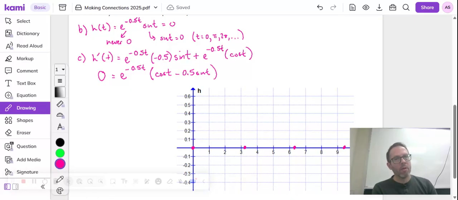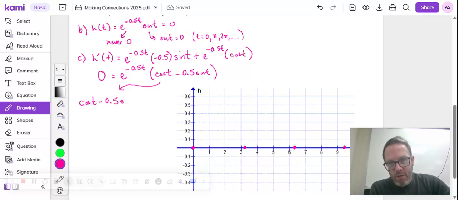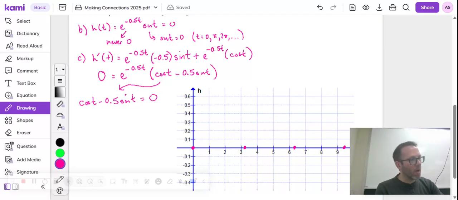Never, ever. So therefore, we have to ask, what makes this bracket, cosine t minus 0.5 times the sine of t, equal to 0? And we've solved equations like this already in the course, and you guys did some of this on an assignment for me, and lots of practice.